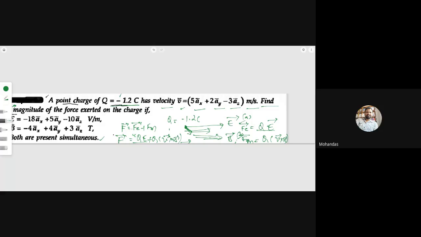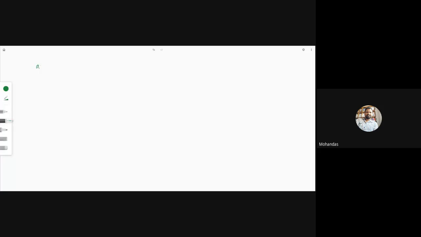Okay, so let us solve this problem one by one. First, let us take question A. Fe, the electric force on the moving charge, is Q into E. What is the Q value?